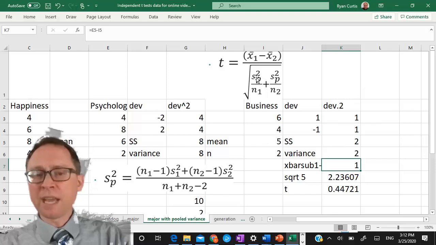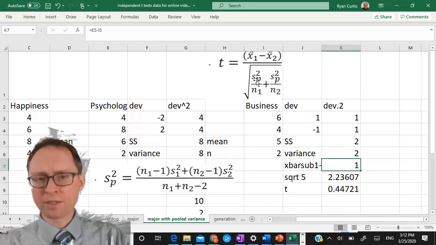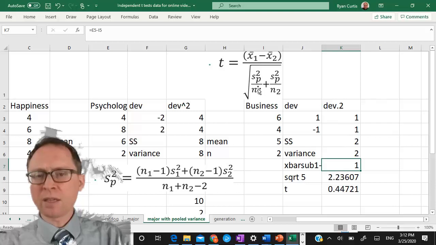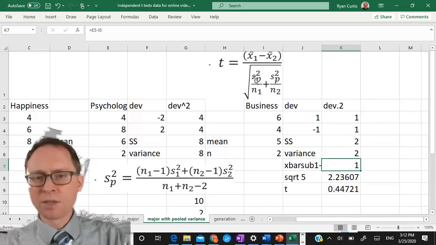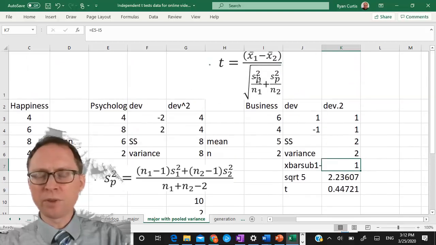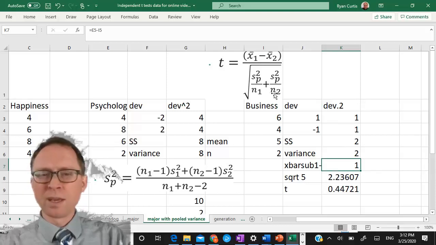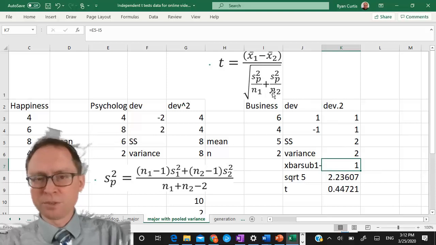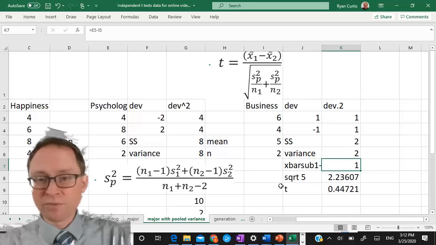Now, we got to take our pooled variance and divide each of these by the pooled variance. Now, lucky for us, we know what the pooled variance is now. We just calculated it. It's right there. It's 5. Okay, so the pooled variance is going to be 5. 5 divided by 2 plus 5 divided by 2.